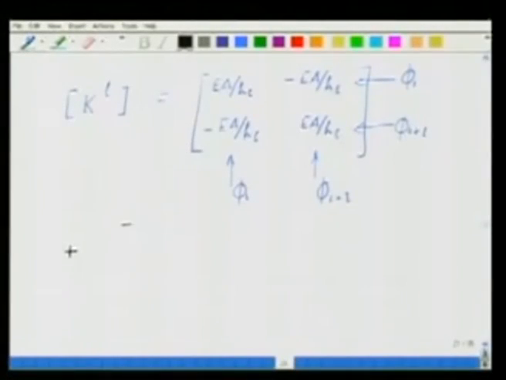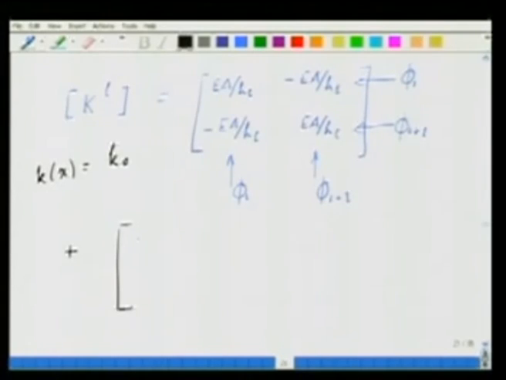To this we are going to add, plus, what are we going to add? So here we are going to add, let us take kx is equal to some fixed value k0.